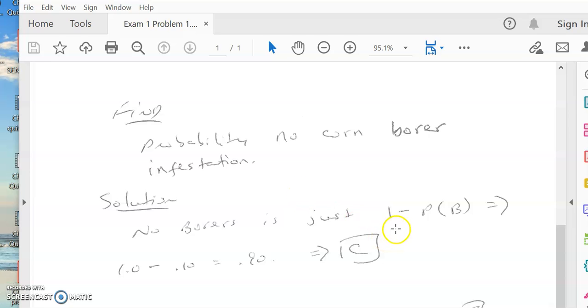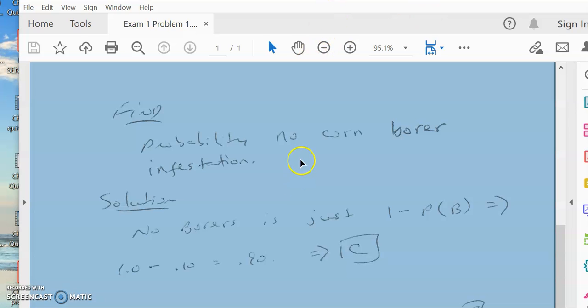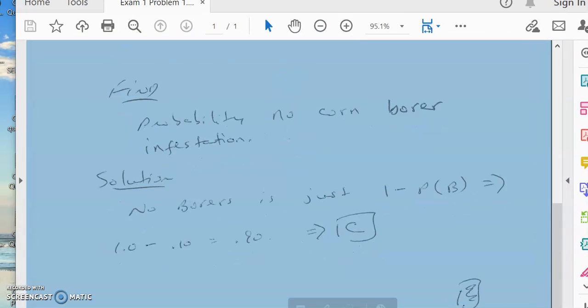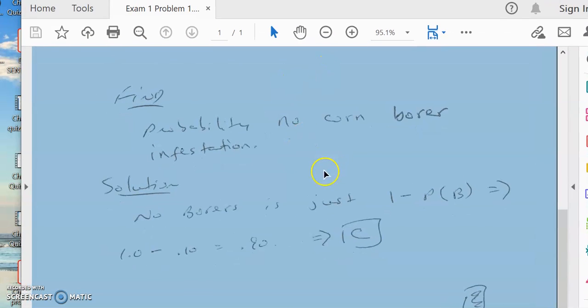Well, no borer infestation, what is that? This is an example of using the complement, which we've talked about. The concept is that in a probability space, the total probability of all the events is 1. So if you want to know what the complement is, you just subtract.